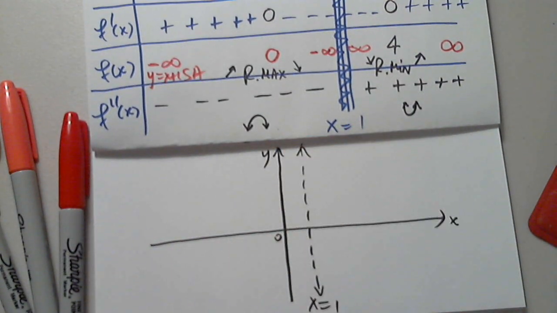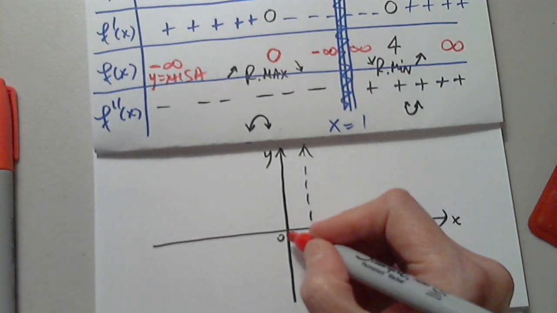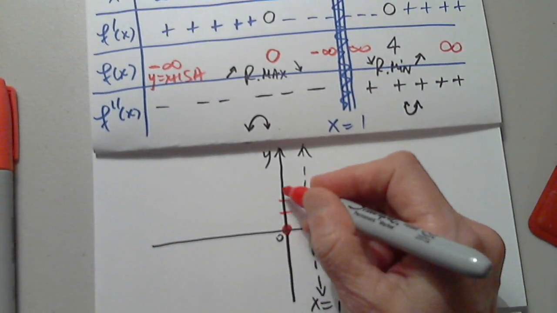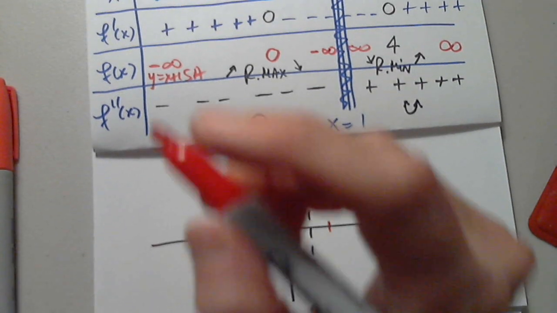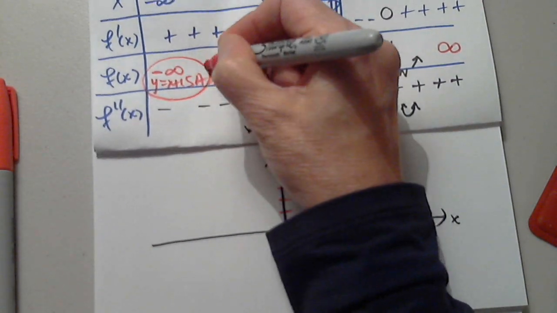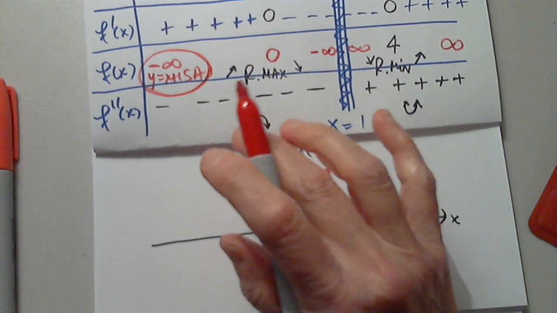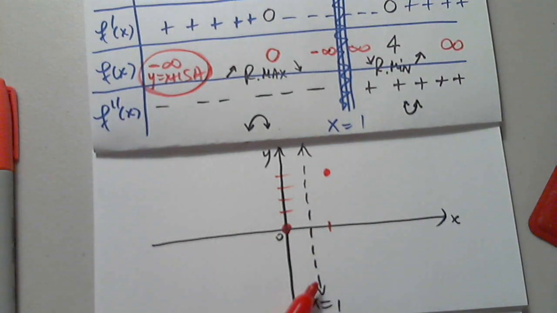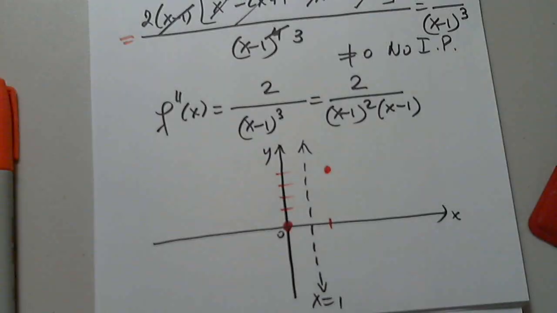So now I start with the points. The first point I have is 0, 0. And the second point I have is 2, 4. Then I have to continue with the slant asymptote. I always graph the asymptotes before I graph the function. It's not going to be a solid line. It will be a dashed line like x equals 1. How do I graph x plus 1? Very easy.